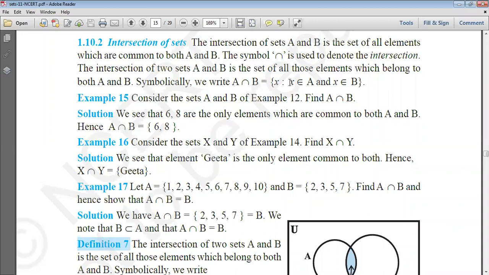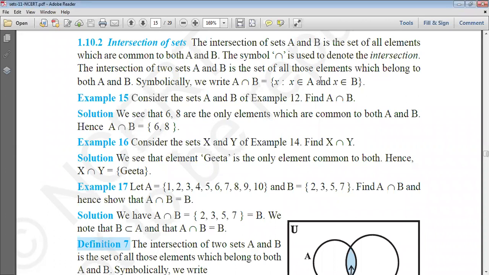So only those elements are there which are lying in both of the sets A and B. That's why we usually say common elements: the collection of common elements is the intersection. In set builder form, A intersection B is equal to X such that X belongs to A and X belongs to B. It is and, an important word, and.